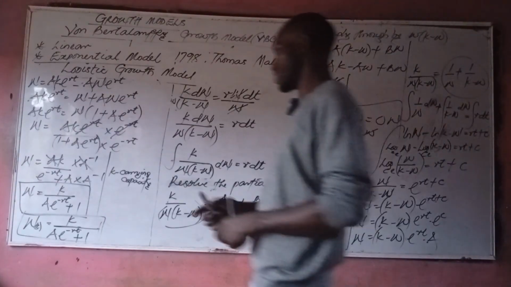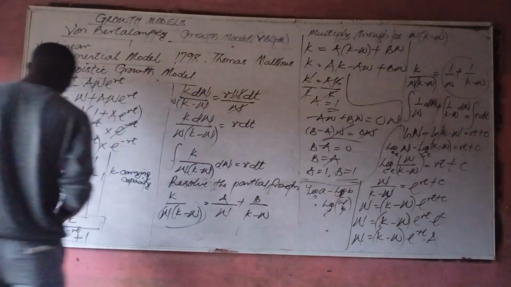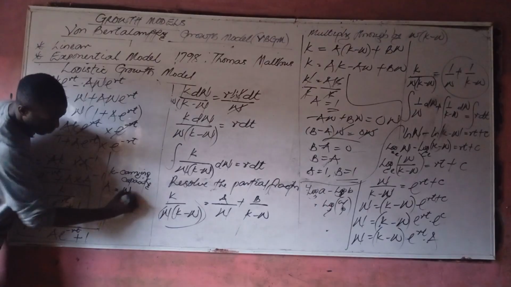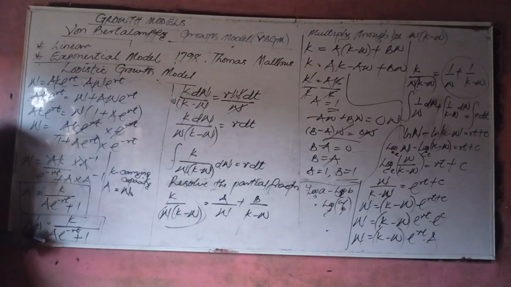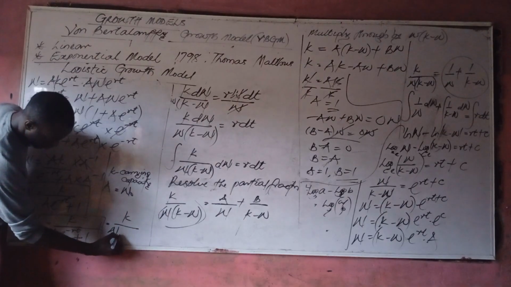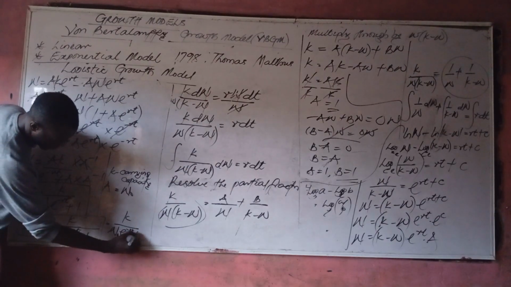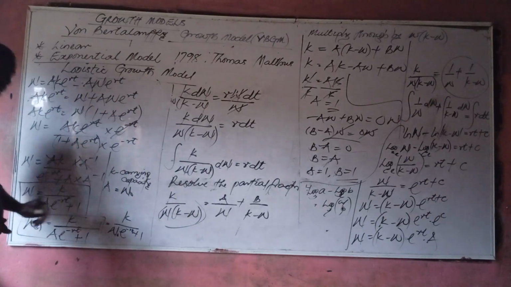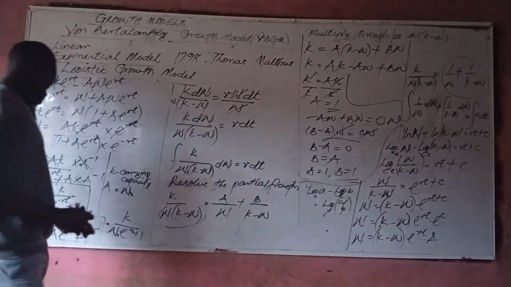So we can put it as W sub naught. If I write this equation, A will be W sub naught, and our equation becomes K over W sub naught E to the minus RT plus 1, where R is the intrinsic growth rate and T is the time you are given.